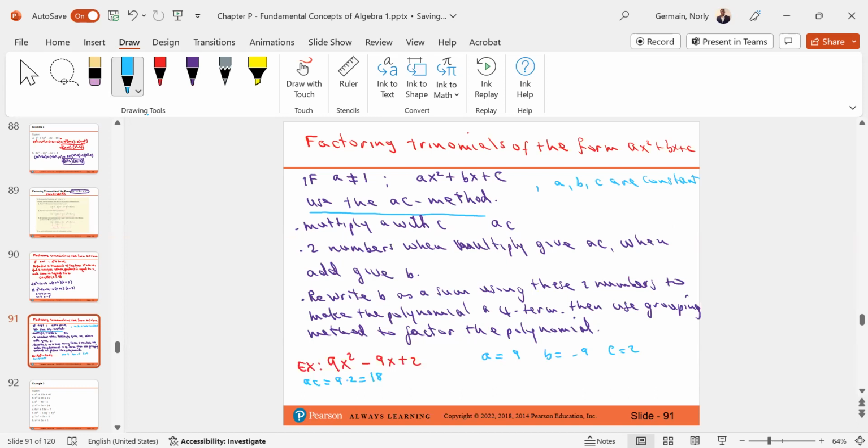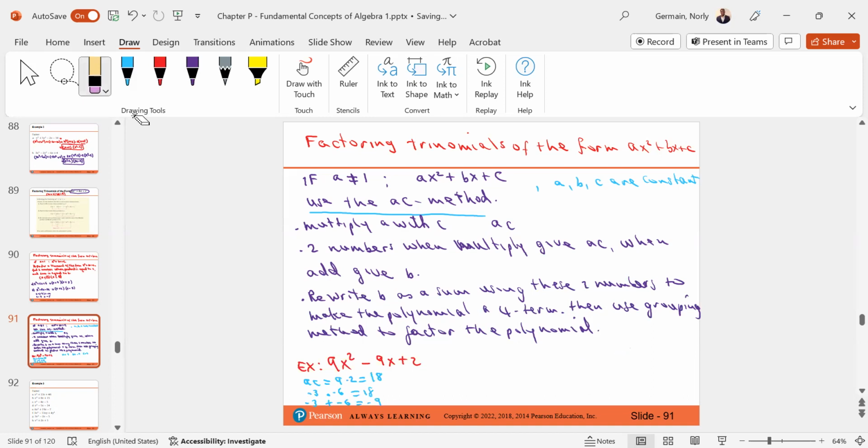Now give me two numbers that when I multiply, give me positive 18, but when I add these two numbers, give negative 9. Yes, that's negative 3 and negative 6, right? Negative 3 plus negative 6 is negative 9. So you understand this part because I found these two numbers.